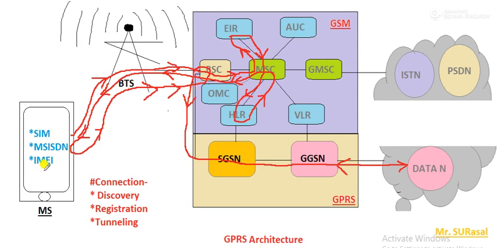The flow will be from the end device to the BSC and from the BSC to the SGSN directly. It's not that it always has to pass through the MSC.